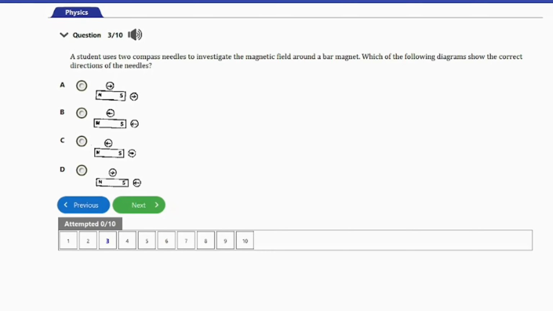The one placed at the middle here will move towards the south point, and the one that is placed at this region will be attracted to the magnet at the south. So that's it for this question. Let's go ahead and consider the next question, guys.